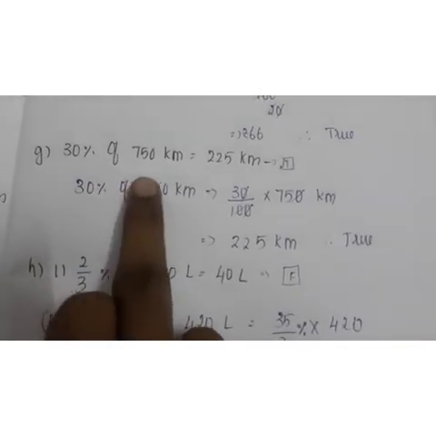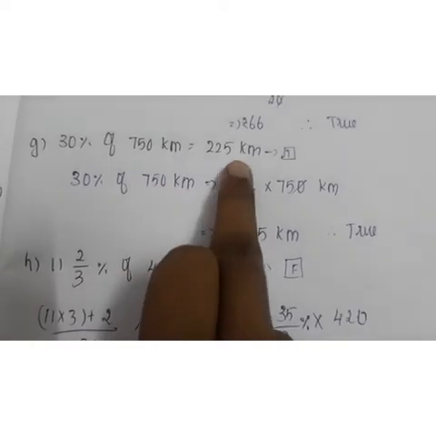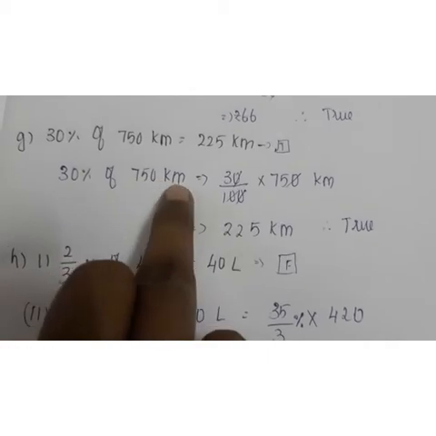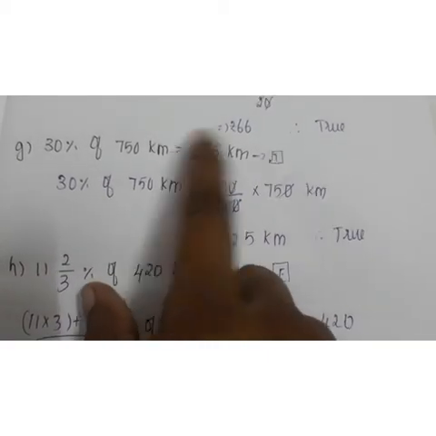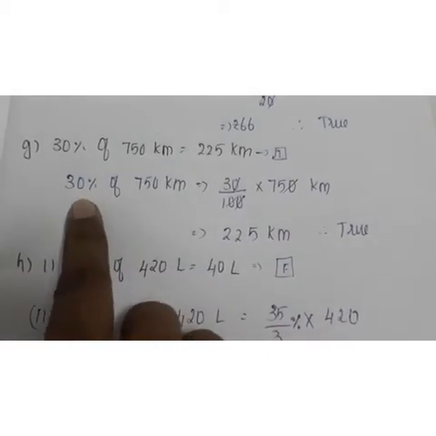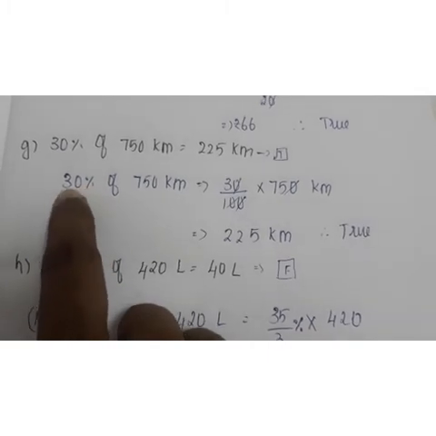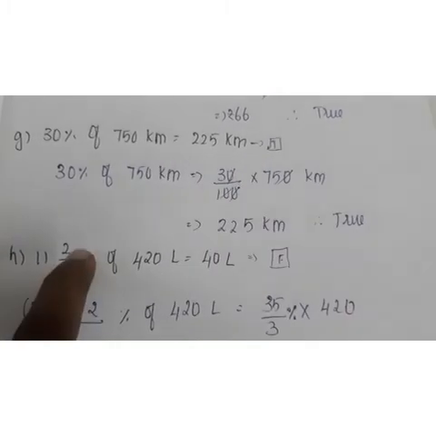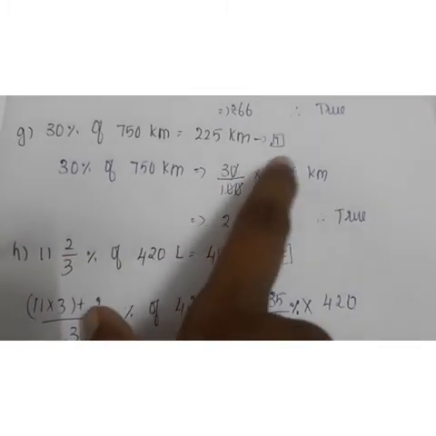And 30% of 750 kilometer is equal to 225 kilometer. So here also 30 percentage of 750 kilometers. See, both side units are the same, so you just need to do this simplification only. 30 percentage you can write as 30 by 100. Of means multiply by 750 kilometer. Okay, so the zeros will cut.